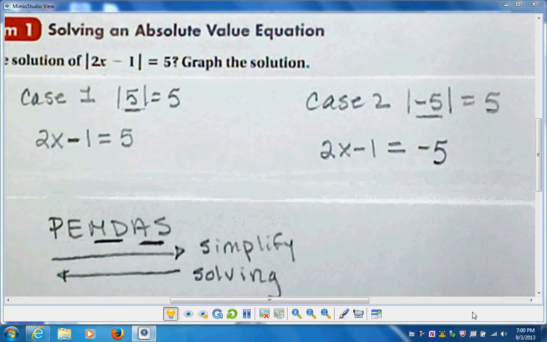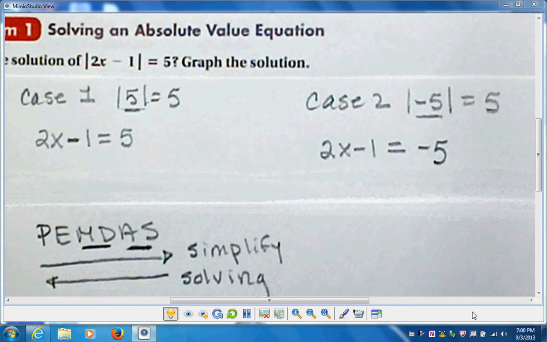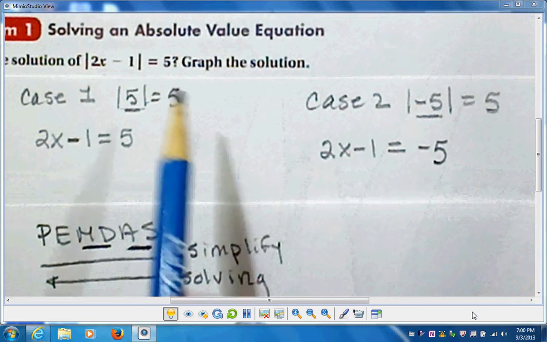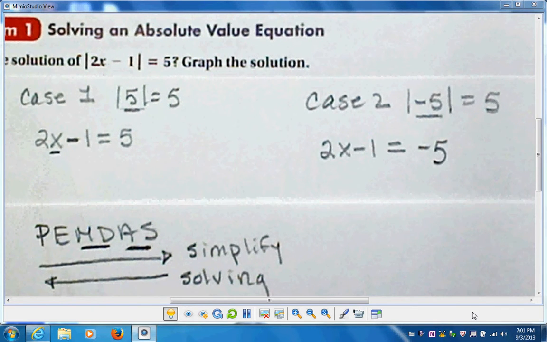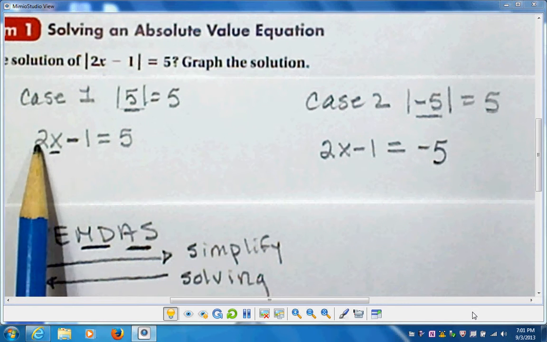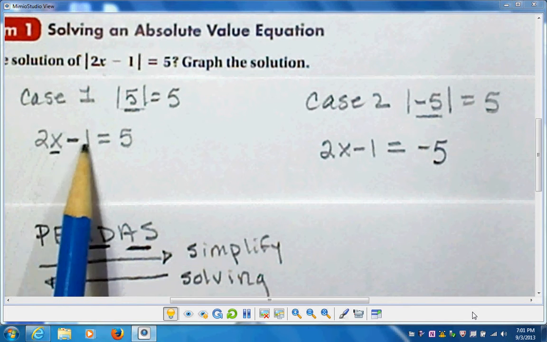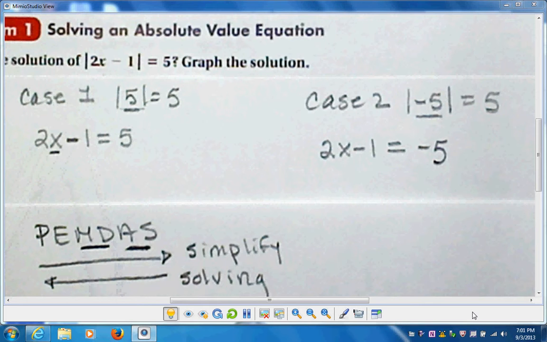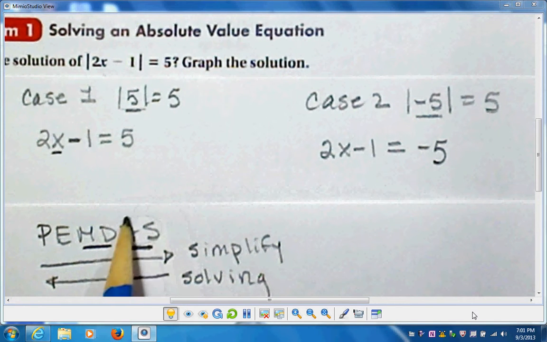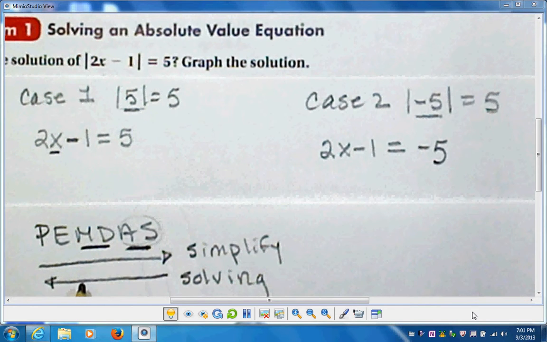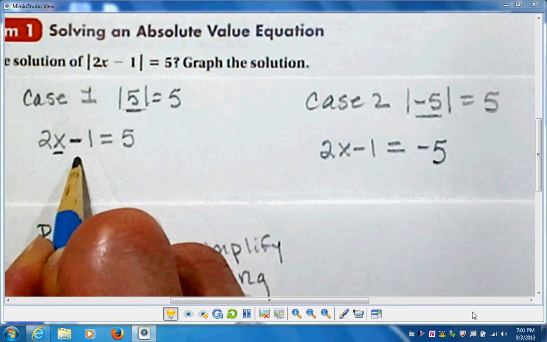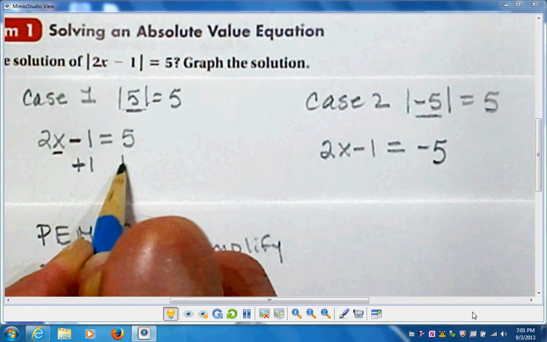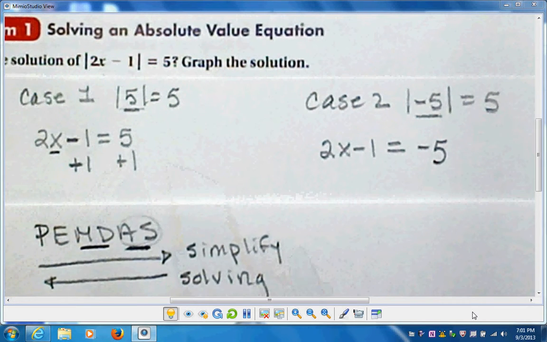So let's look at case 1 and let's think about PEMDAS. I want to get x by itself. So what's happening to the x? Well, it's being multiplied by 2 and it's having a 1 subtracted from it. So I think of doing PEMDAS backwards. Is anything being added or subtracted to my x? Well, yes, that 1 right there. So I'm going to unsubtract it. I'm going to add 1 to both sides.